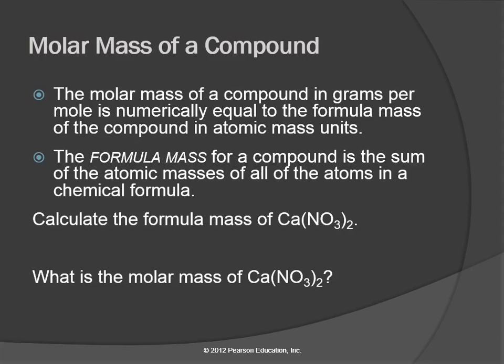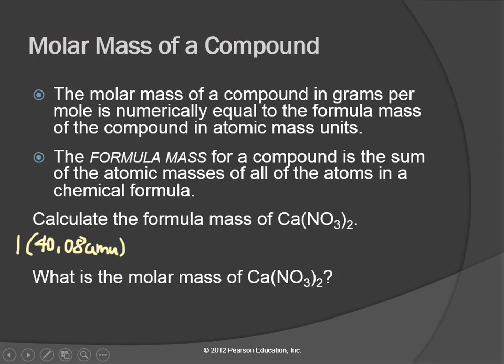So let's look at the formula mass for calcium nitrate. We look at the formula, there's 1 calcium atom. And if we look on the periodic table, we see that calcium weighs 40.08 atomic mass units.